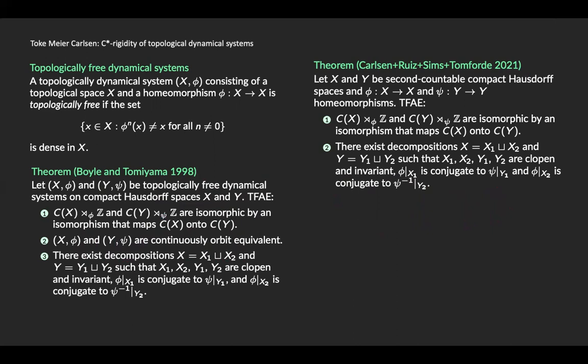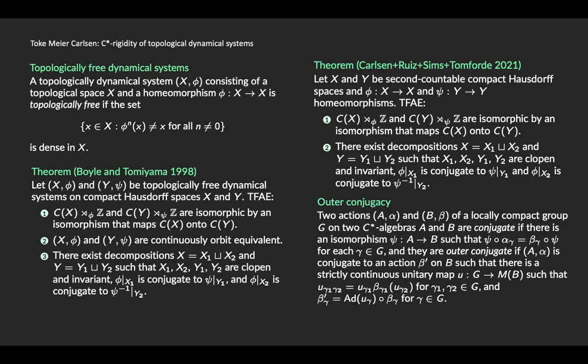Okay, so let us now leave this setting of classical dynamical systems and move on to C*-algebraic dynamical systems. Two actions of a locally compact group on C*-algebras are said to be conjugate if there's an isomorphism between the C*-algebras that intertwines the two actions.